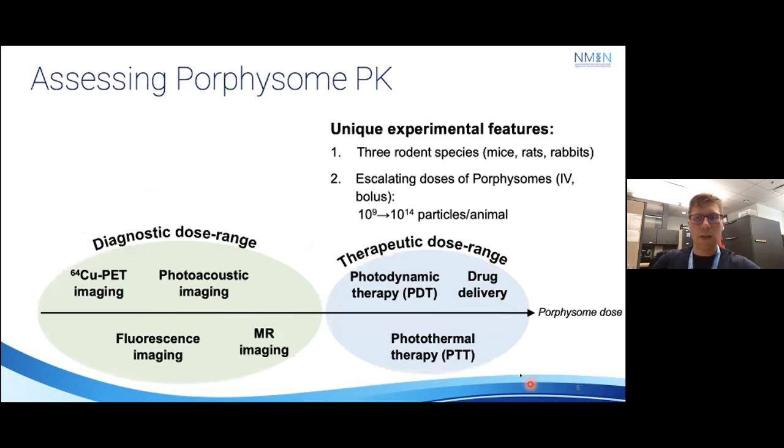The second feature of our PK experiments was that we tested a broad dose range, spanning from the subdiagnostic to the super therapeutic doses. And this was necessary for us because our porphysome nanoparticles are actually nanotheranostic agents, and they require different administered doses depending on whether we intended imaging or therapeutic modalities.